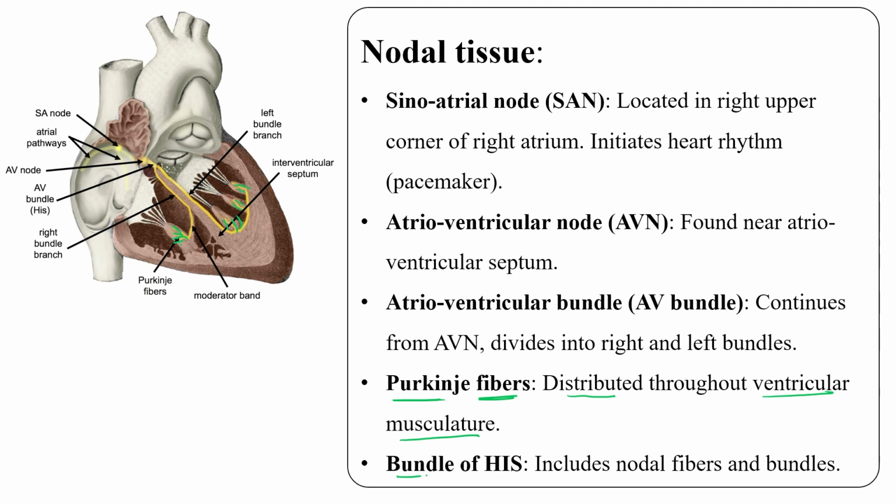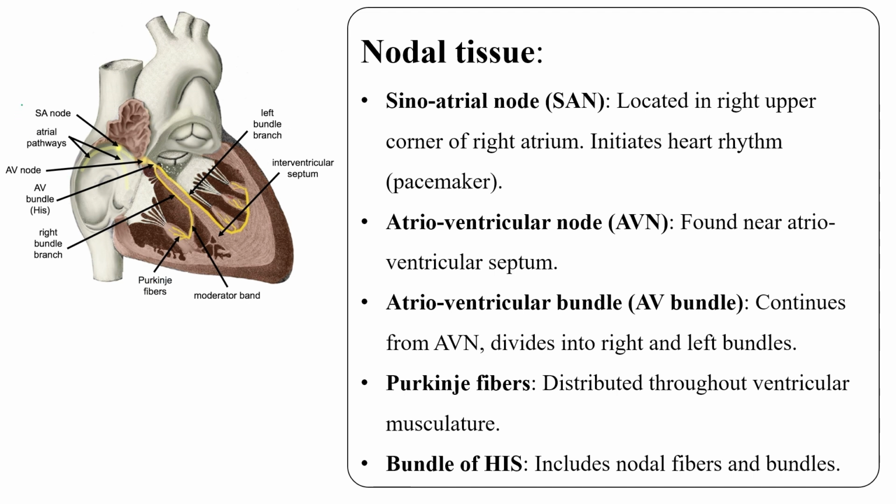And then the bundle of His is also present over here, which includes nodal fiber and bundles. The AV node is present over here. So here we can use the term bundle of His, and for the lower one we can use the term Purkinje fiber.